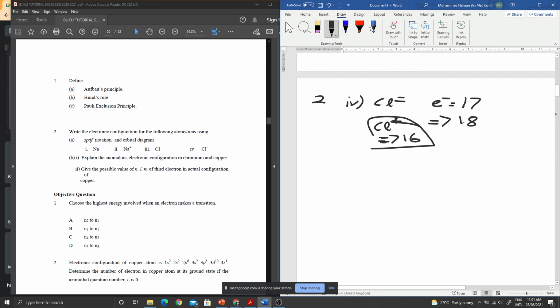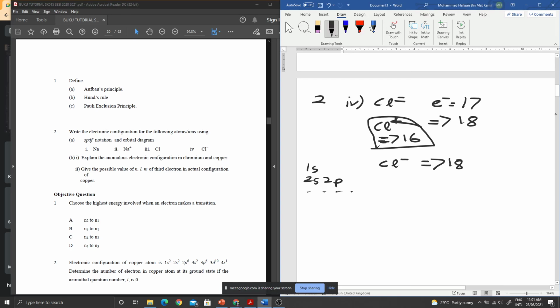Alright. So now, but the question now dia tanya chlorine net minus. So dia dah accept 1 electron, dia dah curi 1 elektron. So elektron dia sekarang ada 18. Same thing you guys nak isi. Okay. Buat the step 1s, 2s, 2p semua tu kan.